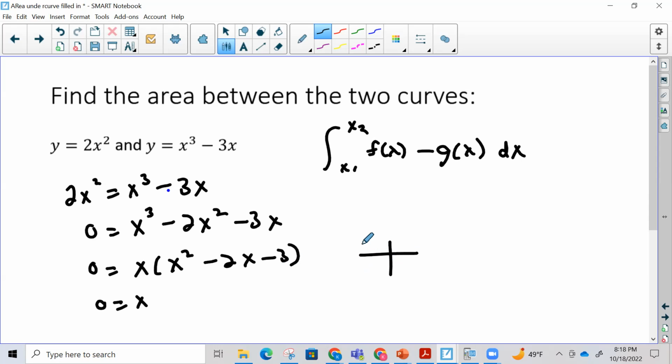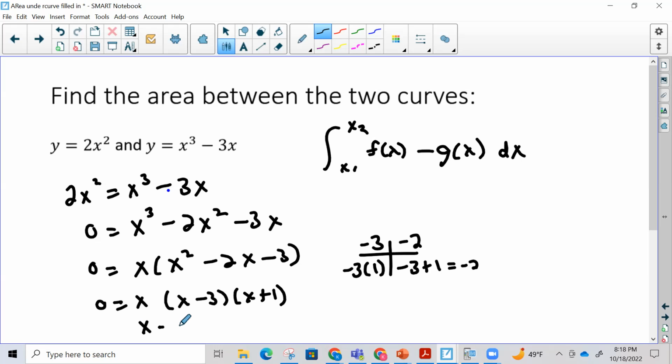I'm trying to figure out what multiplies to -3 and adds up to -2. So I want the bigger number to be negative. So it would be -3 and 1 are the only things that multiply to -3. And that would give me -2. And I need -3 to be negative to get the negative. So this is x minus 3 and x plus 1.